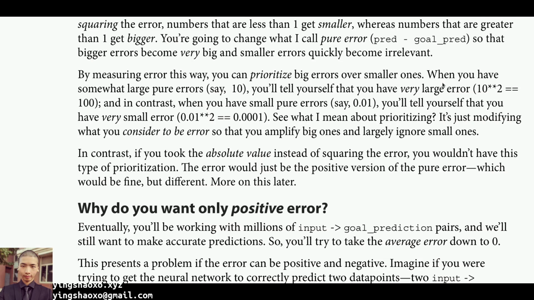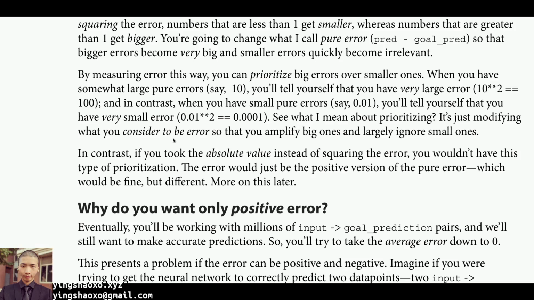When you have somewhat large pure errors, say like 10, you tell yourself that you have a very large error. 10 times 10 equals 100. And in contrast, when you have small pure errors like 0.01, you tell yourself that you have a very small error. That's what I mean about prioritizing.